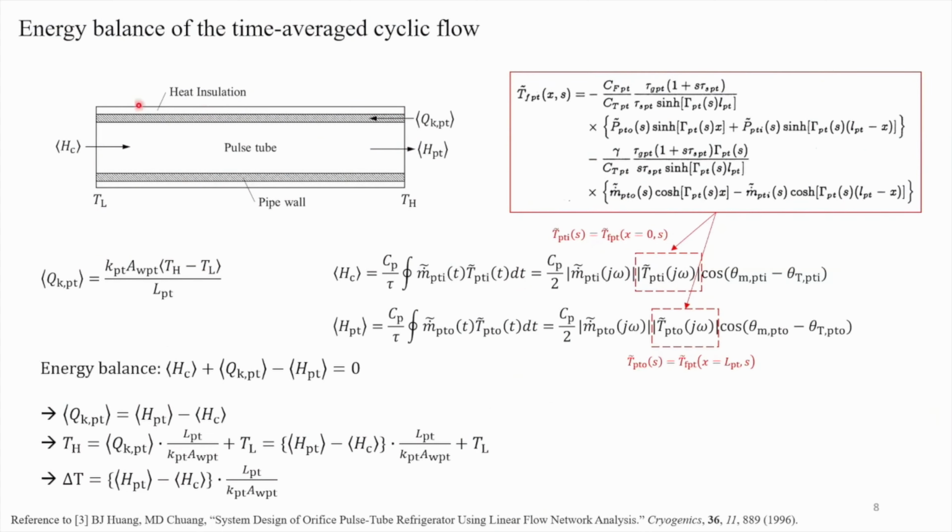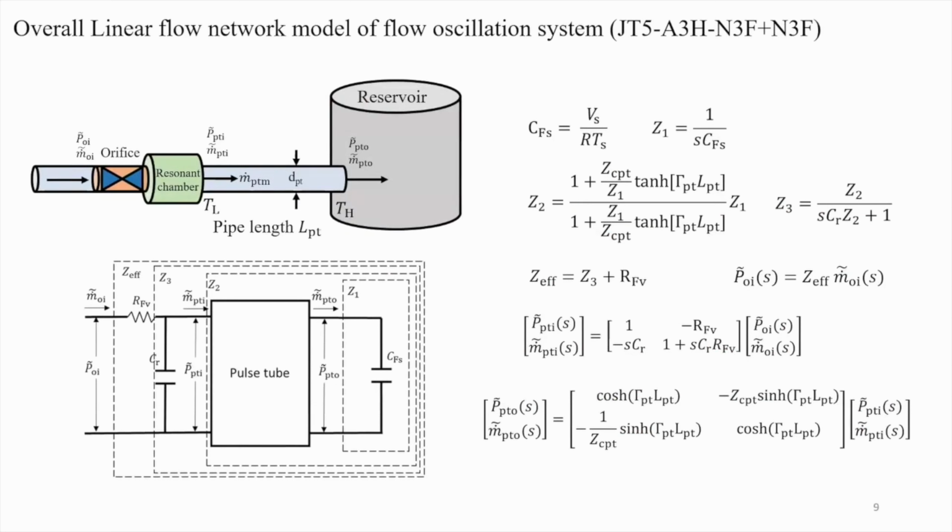Then with the energy balance analysis, we are able to solve the temperature difference between both ends of a pulse tube. In addition to the pulse tube, there are other fluidic components in our system. For example, our JT5 reactor consists of an orifice or a series of orifices, and also a resonant chamber, which correspond to pure resistance and capacitance components, respectively.